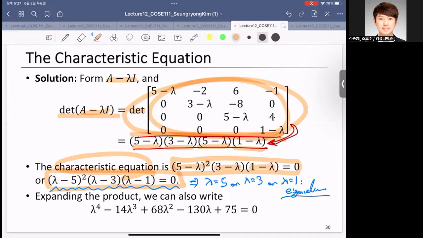No? Okay. So this is the characteristic equation. Expanding the product, we can also write this one. This is also the characteristic equation, right?